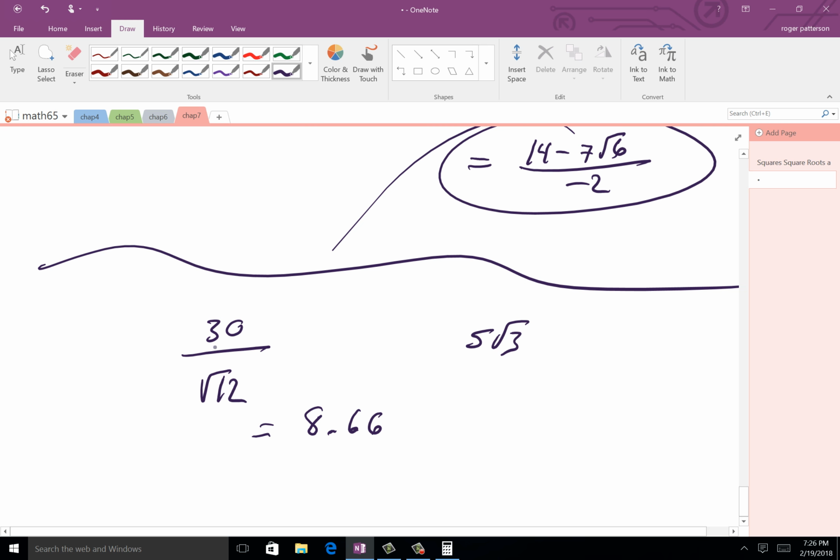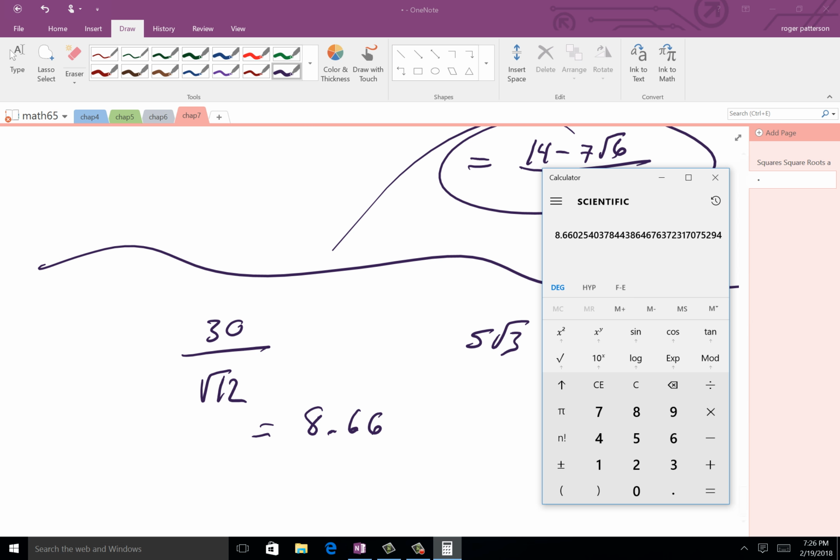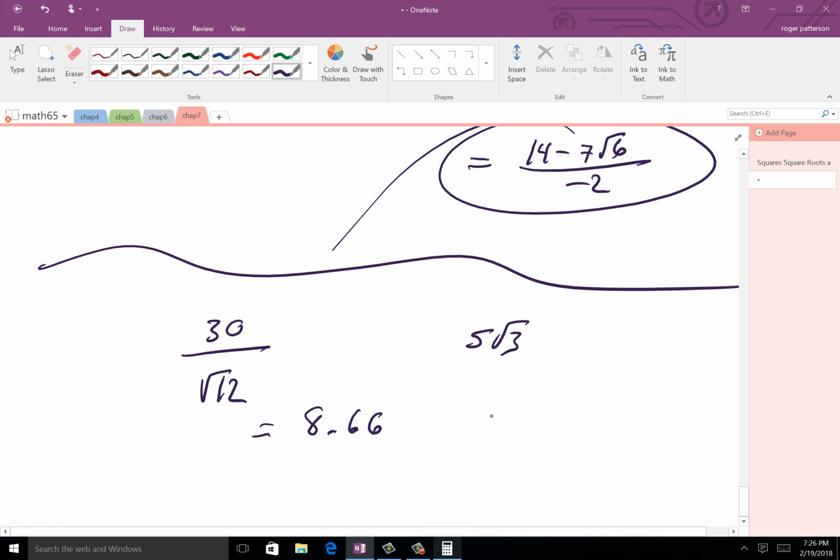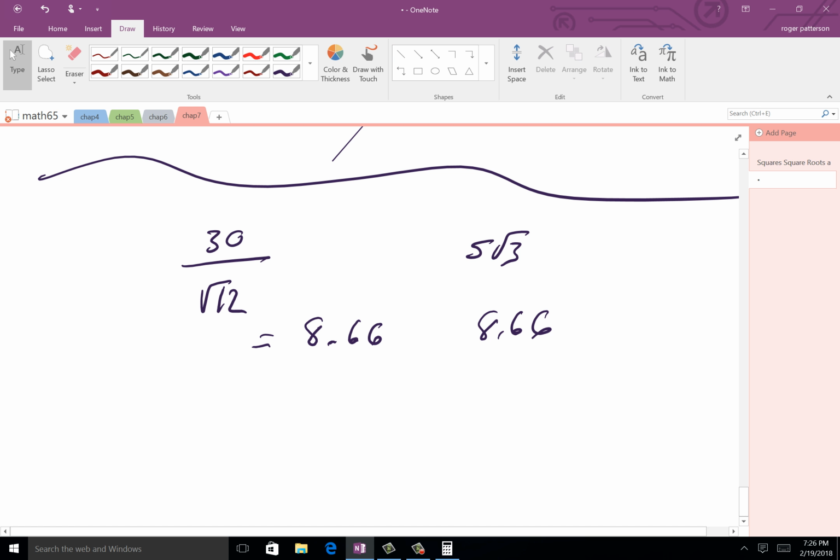So I just took 30 divided by the square root of 12 basically. Now I'm going to take 5 times the square root of 3. Clear that out. 5 times the square root of 3 equals 8.66. How about that? They're the same. Okay. No big deal, because they are.